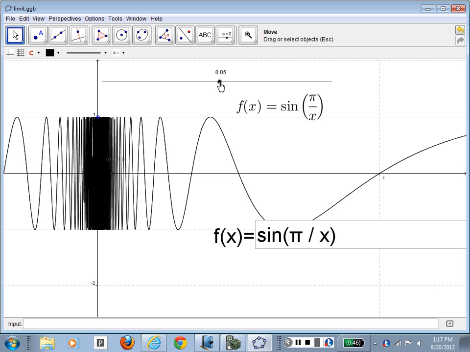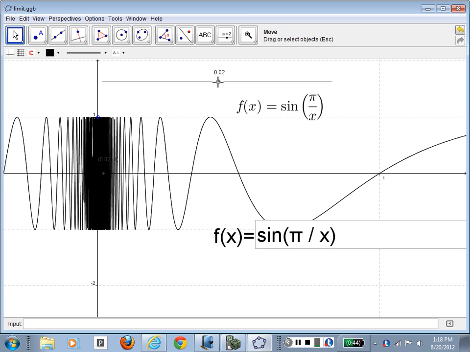So as x approaches 0, f of x is getting close to what number? Well, it's 1, it's -1, it's 0. In fact, it takes on every value between -1 and 1 infinitely often in any open interval including 0.